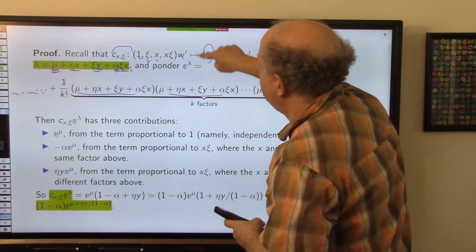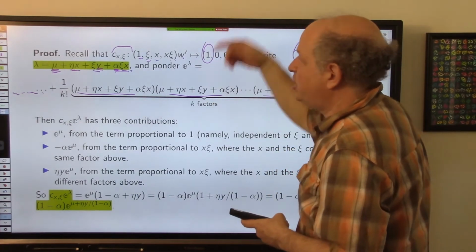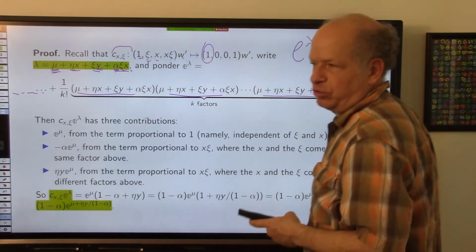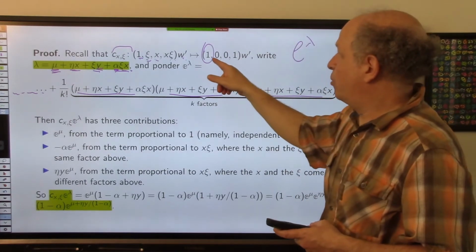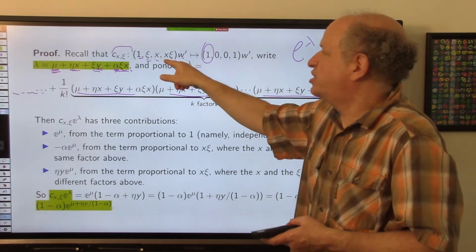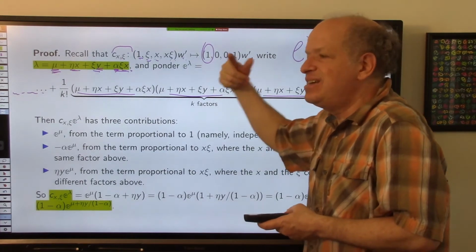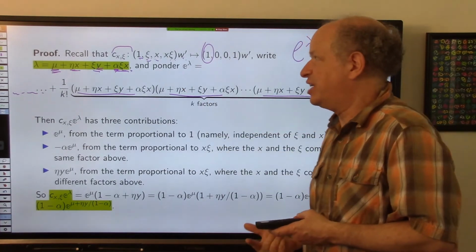One part is if in the contraction I get a contribution from a term that has no xi and no x, so basically from the part that is independent of x and xi.